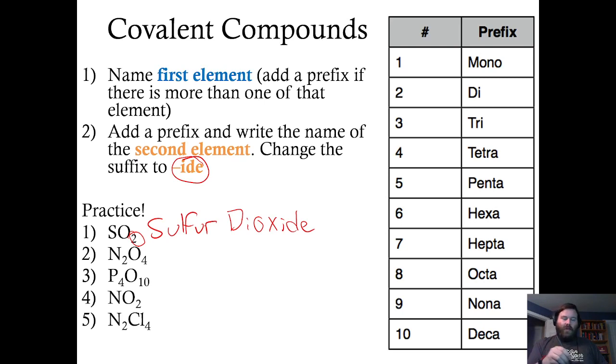All right. Then for this one, nitrogen, but we've got two of them, so we need dinitrogen. And then we've got oxide, but we've got four of them now, so we check over here. The prefix for 4 is tetra, so tetroxide.